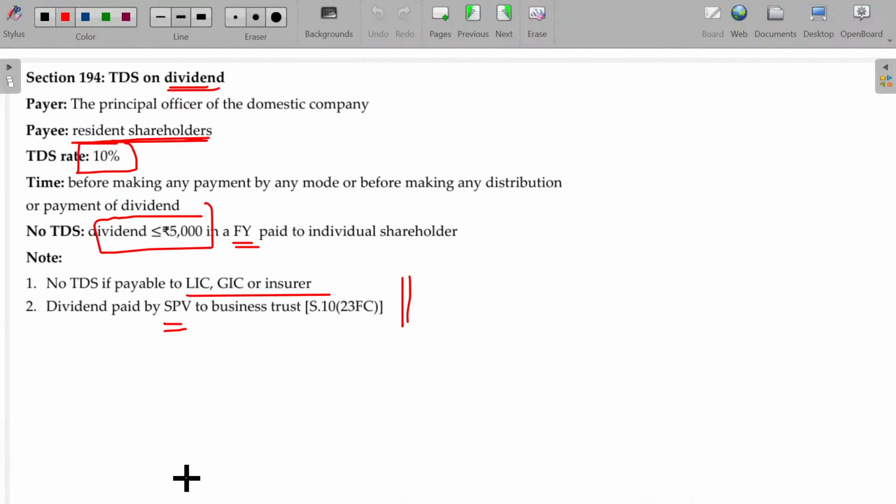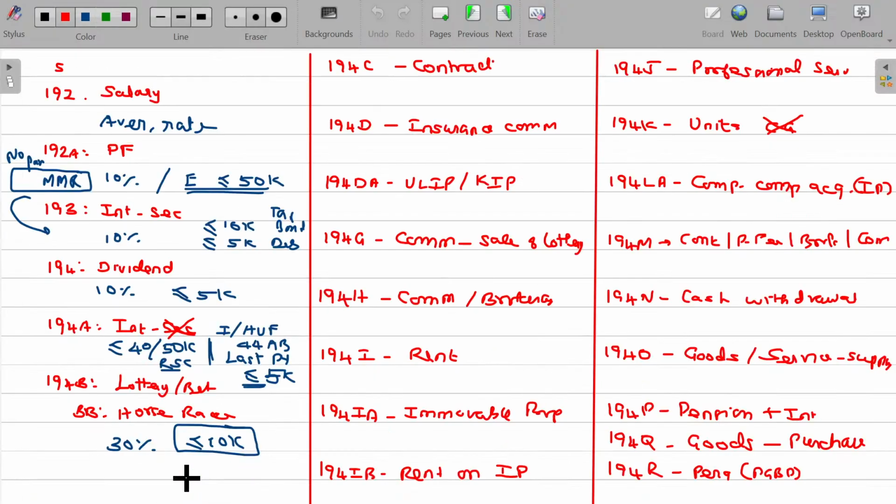Now, the predominant cases to be noted here are these. In the case of individual and HUF, the rate is 1%; others, the rate is 2%.